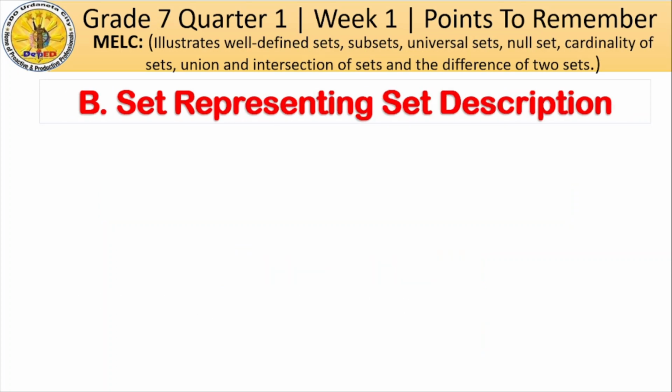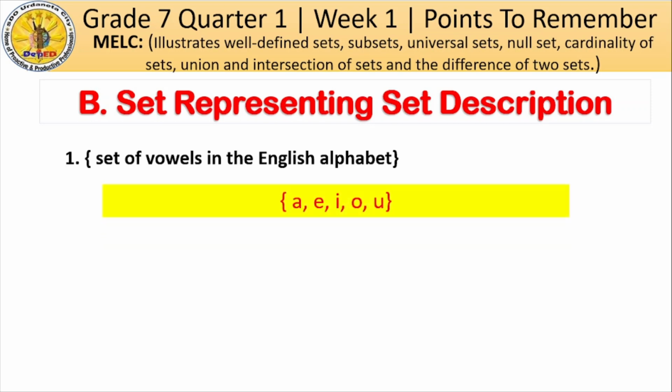Ngayon naman, talakayin natin kung paano sagutin ang set B ng activity number 1. This time, we will identify or determine the set representing each set description. For example, the set of vowels in the English alphabet. These are A, E, I, O, and U. Example number 2, the set of counting numbers less than 6.